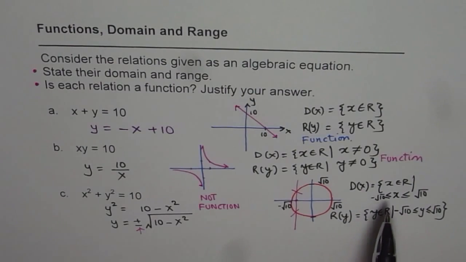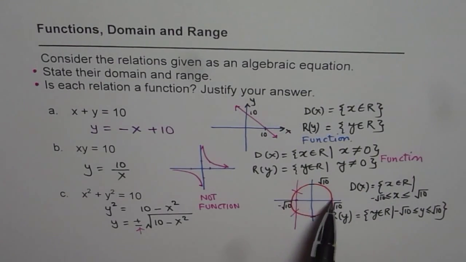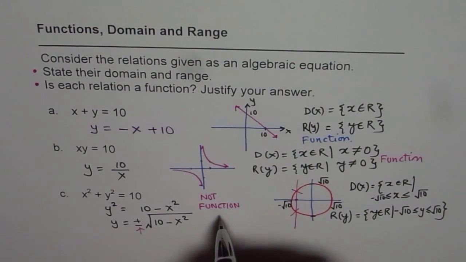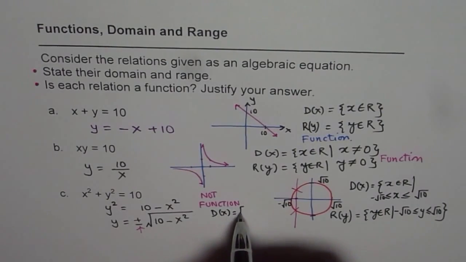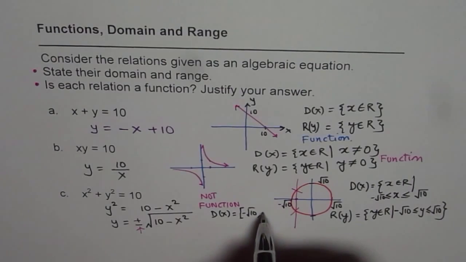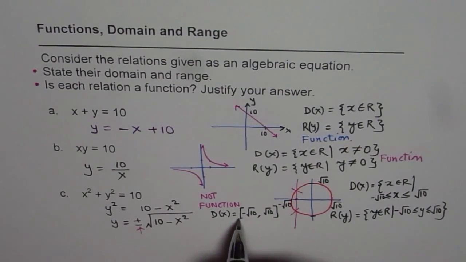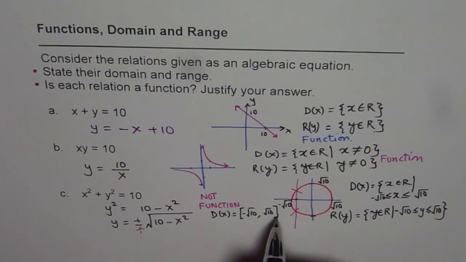Now, as far as the notation goes, at times we can write domain and range for this function in set form. This is the set form. We can also write this as domain x equals, within brackets, minus square root 10 comma plus square root 10. That means including minus and plus square root 10 and all the values in between.